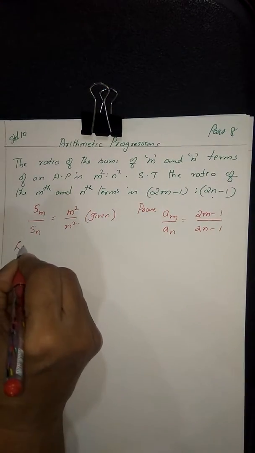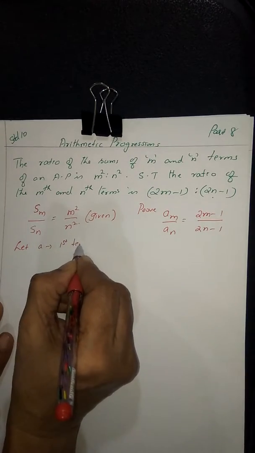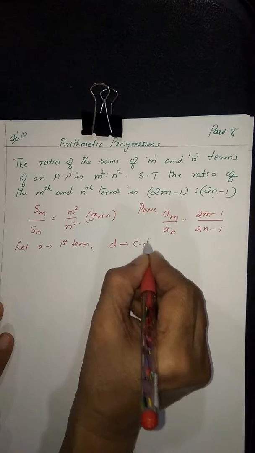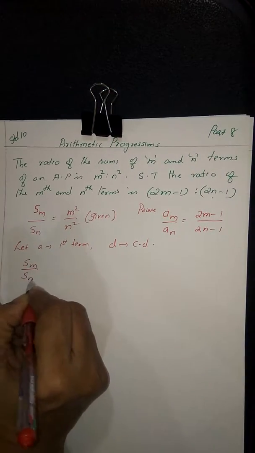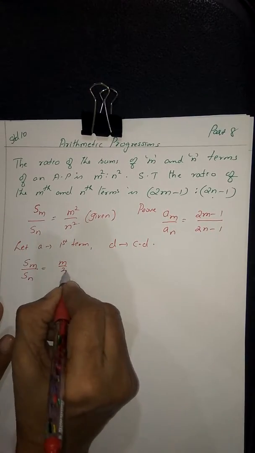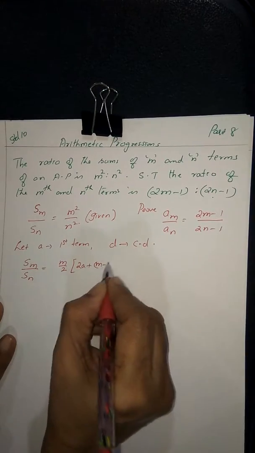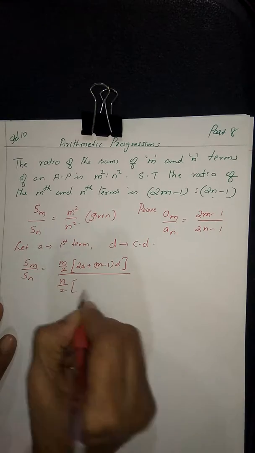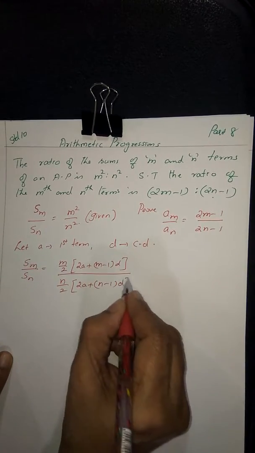So let a be the first term and d be the common difference. So Sm by Sn is equal to m by 2 into 2a plus m minus 1 into d, by n by 2 into 2a plus n minus 1 into d.